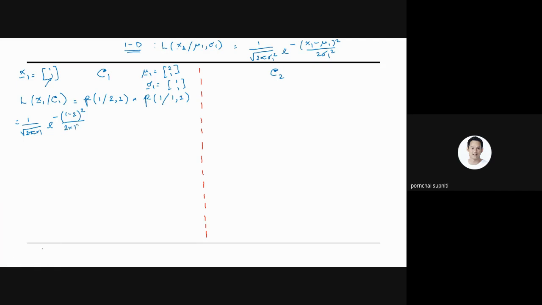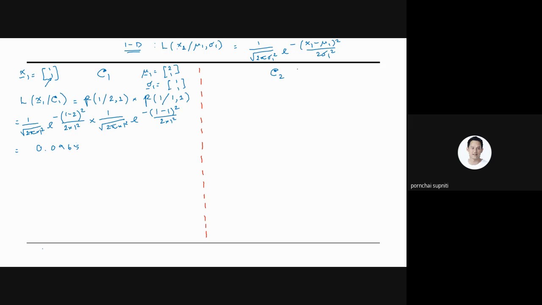Then multiplied with the second PDF, 2 pi times sigma 1 squared, which is 1 squared, e to the negative of x minus mean squared divided by 2 times 1 squared. And then you just use a computer or calculator to compute it. In this case, I get something like 0.0965.